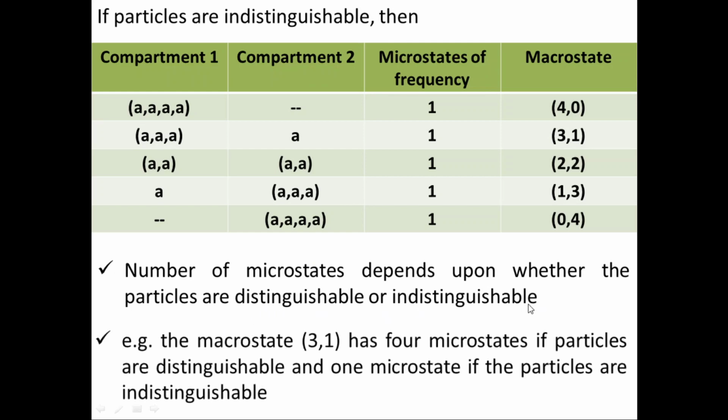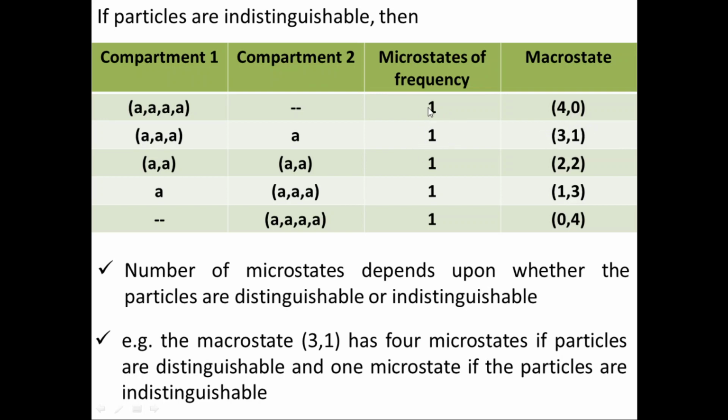How? For example, the macrostate 31 has 4 microstates, as we saw in the previous slide, if particles are distinguishable. But if the particles are indistinguishable, then the number of microstates for the 31 macrostate is 1.